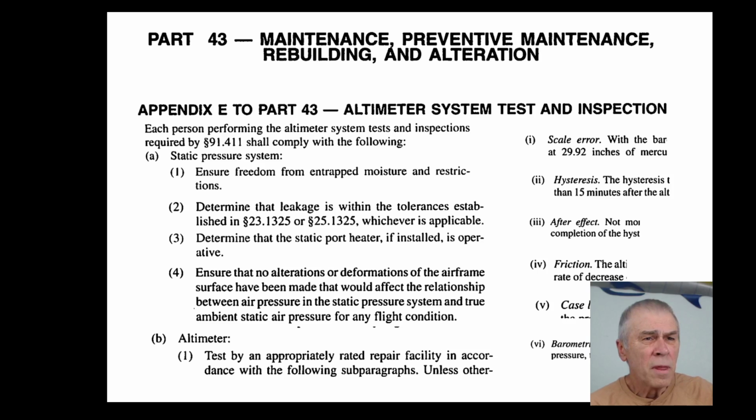So basically, as you can see yourself, the static pressure system has to be free from entrapped moisture and restrictions, the leakage must be within tolerance, if there's a heater, it must be operational, and there must be no alterations or deformations of the airframe surface that would affect the atmosphere that's going across the port.